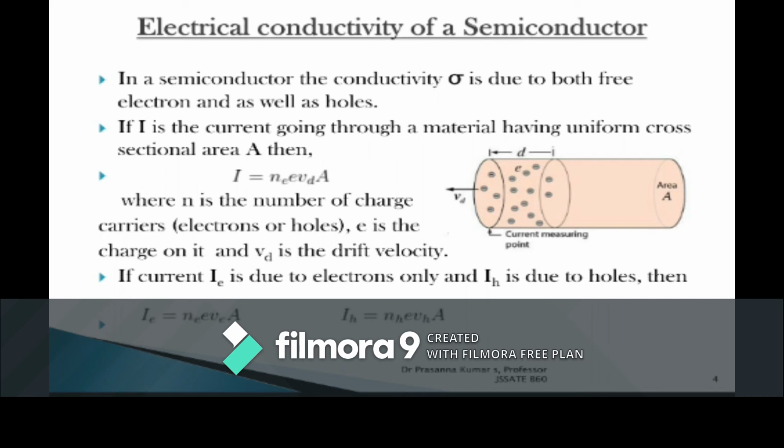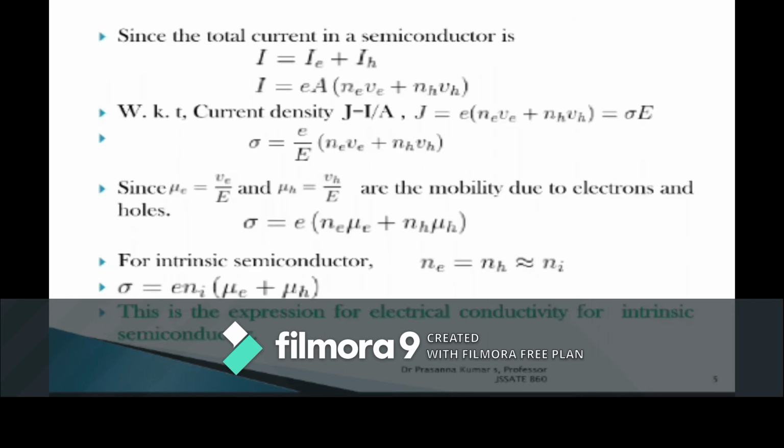This is the current expression, and the total current is always the sum of the current due to the holes and the current due to the electrons. So total current in a semiconductor is the sum of the currents due to the electron movements and the hole movements. In an intrinsic semiconductor, because of the impurity, there may be some minority charge carriers also, so that is because of I_h here. Therefore, I = I_e + I_h.